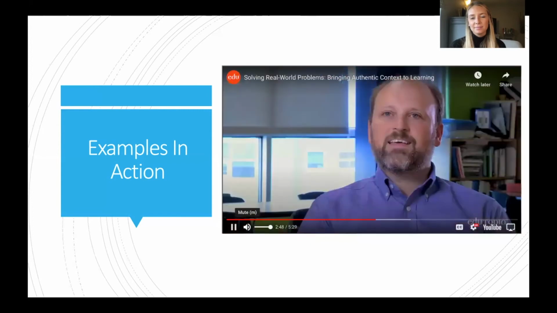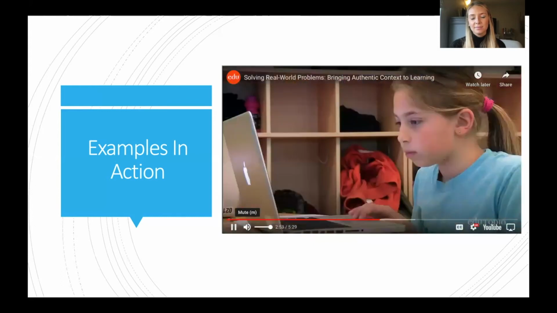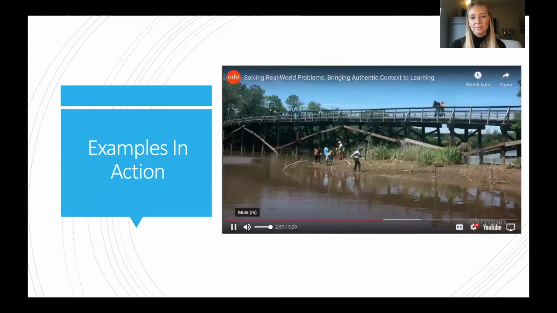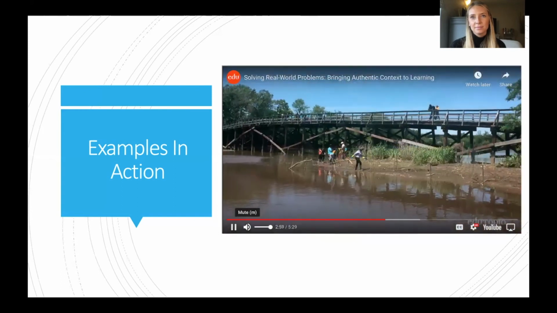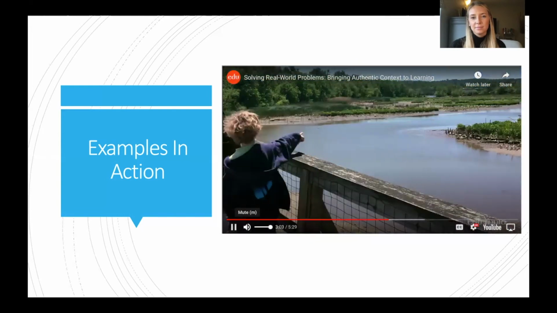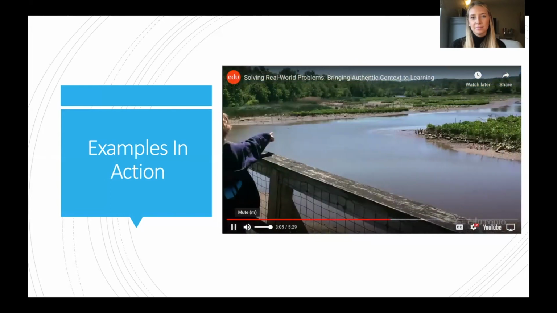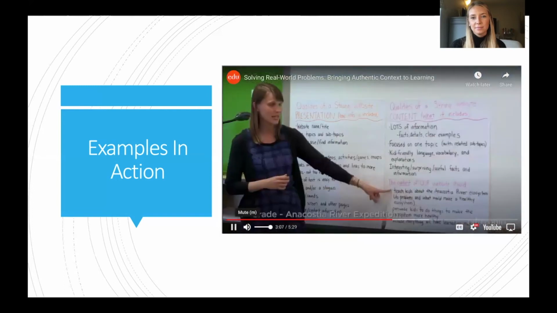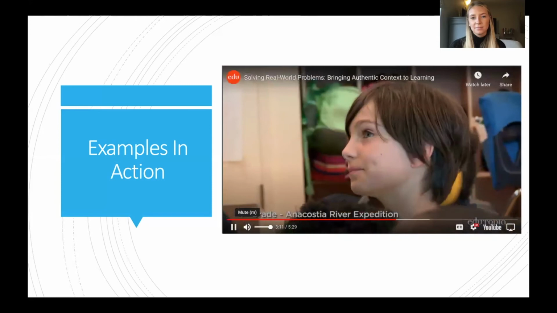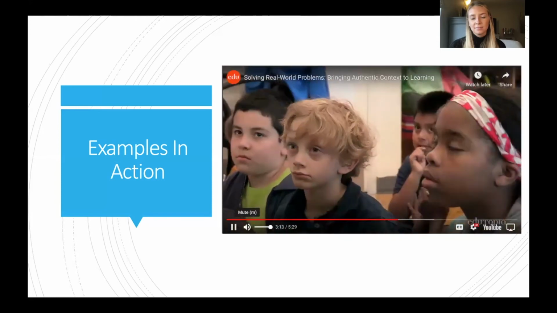When I think about how to identify a quality problem, I think about what is the authentic context that I can situate that problem within. Our school's called Two Rivers, and one of those two rivers is the Anacostia that is not swimmable or fishable. Our website needs to teach kids all about the river ecosystem, both its problems and how we can make it healthy again.